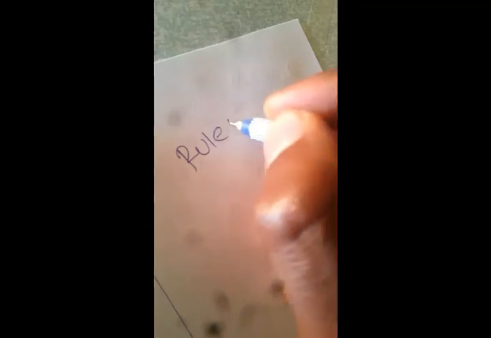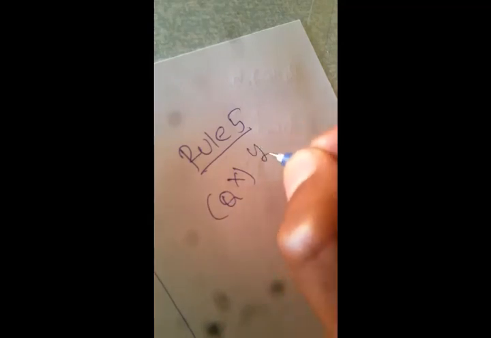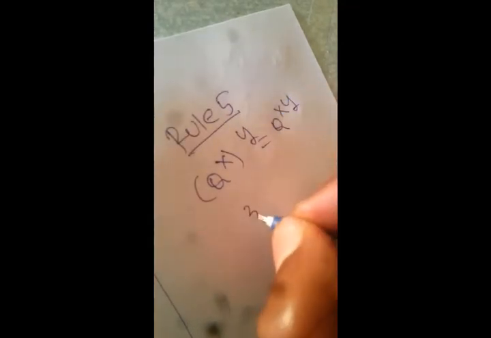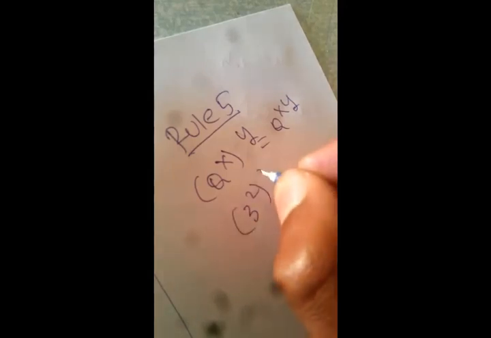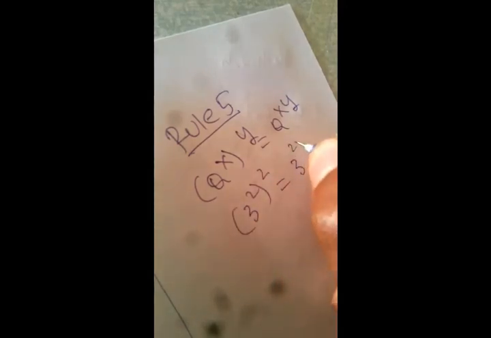And rule 5 states that (a raised to x) raised to y can be written as a raised to xy. For example, (3 square) raised to 2 can be written as 3 raised to 2 times 2.